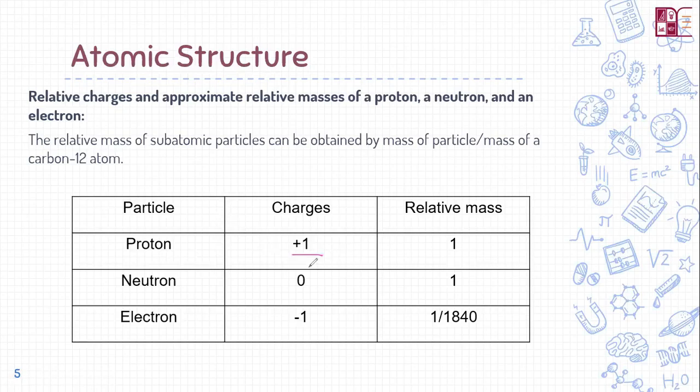They carry the +1 charge. Electrons carry -1. Neutrons do not have a charge. The relative masses of protons and neutrons are the same, which is 1. And the electrons have the relative mass of 1 upon 1840. This is why they have a really negligible mass. Now, questions can even come up in your exams regarding these masses, and I will tell you how they can.